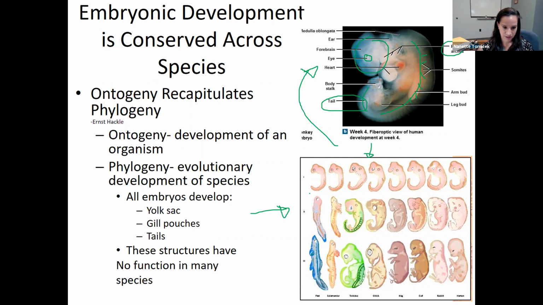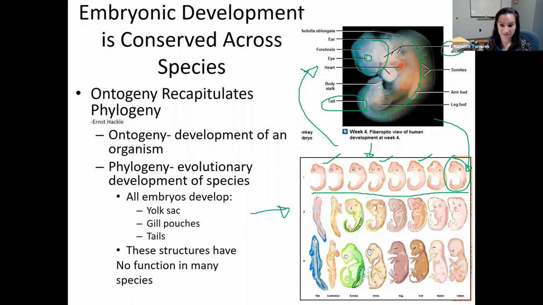So these are actually several different species at about 4 weeks, and here's our human hanging out at the end. And we can see at 4 weeks, a human does not look crazily different from a cat, a chicken, or a fish, right?